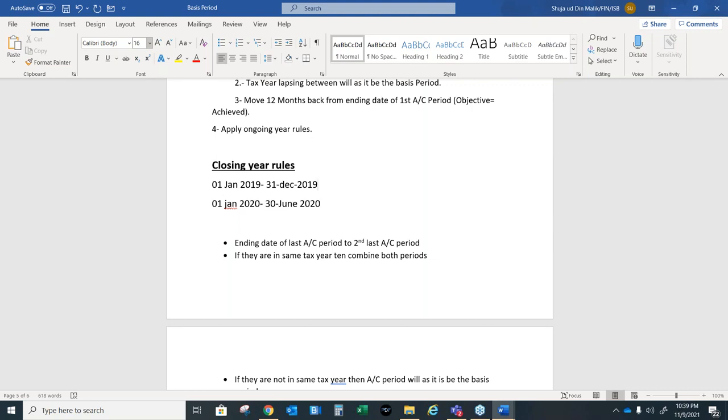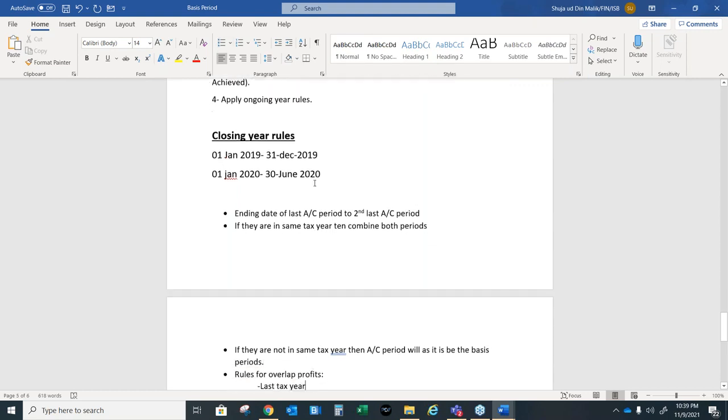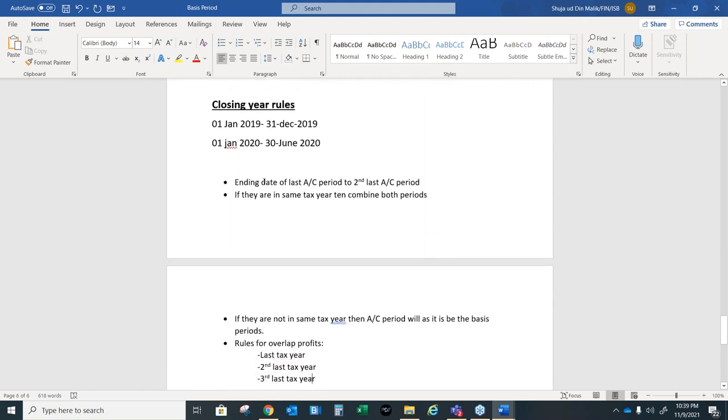So when applying the closing year rules, you have to keep a very close eye on the cessation date of the business and the ending date of the second last accounting period. I have written it for you: you have to concentrate on the ending date of the last and second last accounting periods. If they both fall in the same tax year, then combine both the periods.